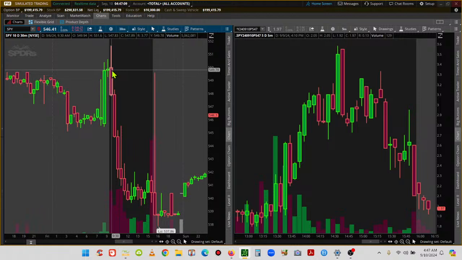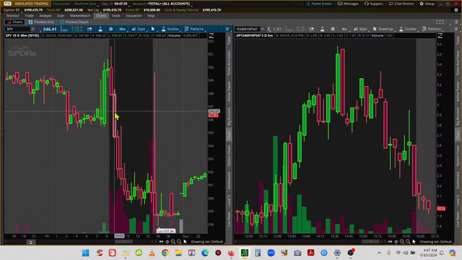So here's what happened on 9/6. You have the market open right there, and you have this tall tail develop in a 30-minute time frame. It goes up, and then, boom, turns into this.